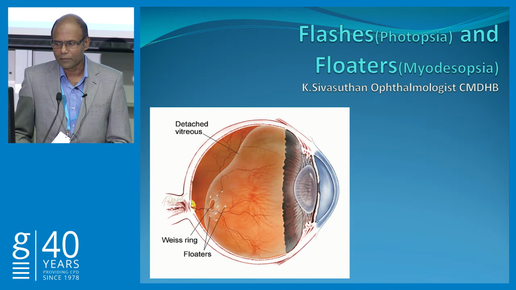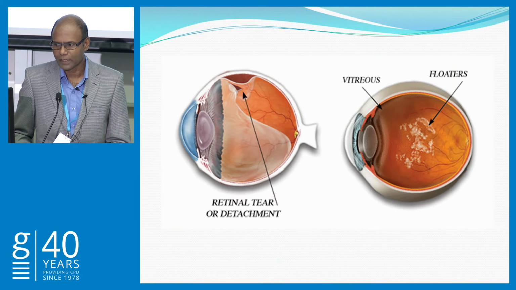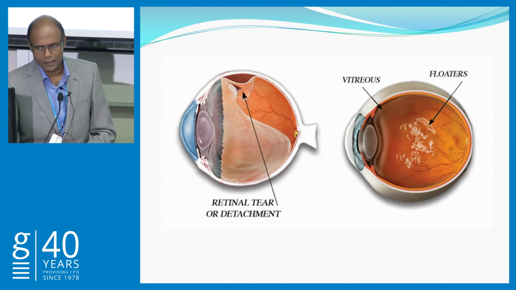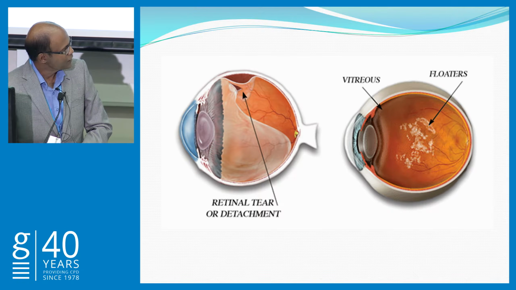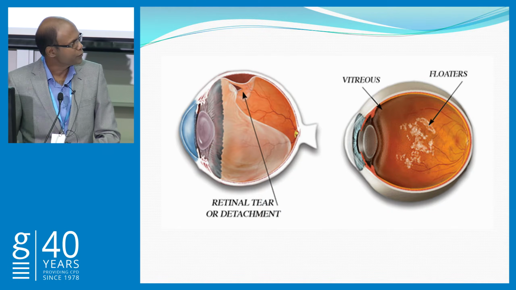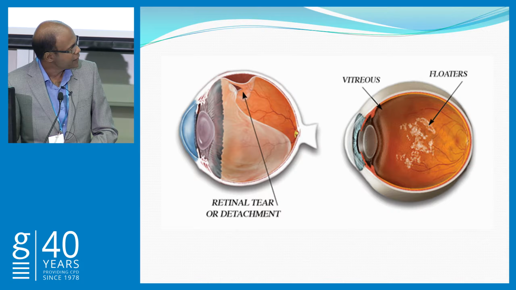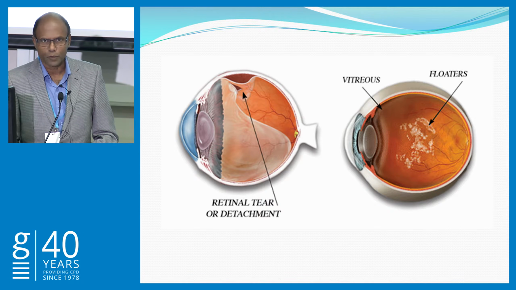So when you look at this diagram or the pictures, you can see what is on your right, where these floaters are. These are particles floating in the vitreous, which cast a shadow on the retina.